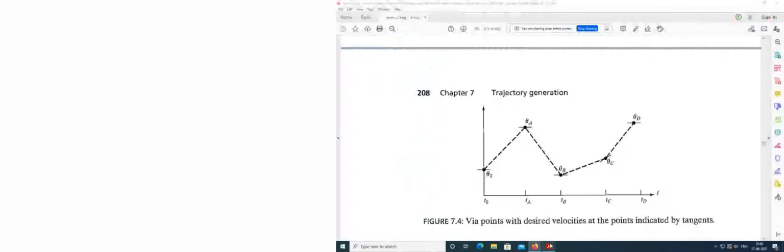The remaining constraints are going to be at via points. You know the velocity or acceleration, we can use it, sir. If we know the velocity and acceleration, yes, we can use it. But do I know the velocity and acceleration?